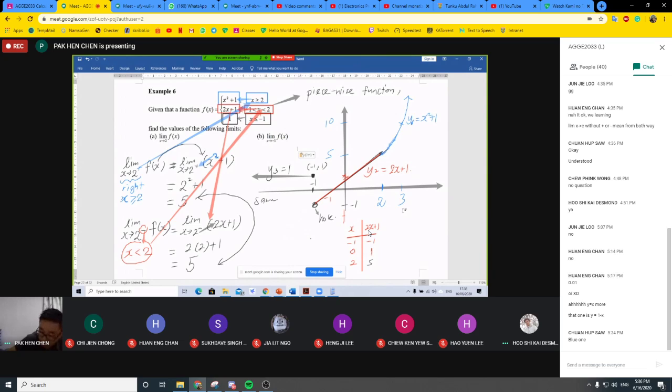I will conclude that since the left limit as x approaches 2 minus of f(x) equals the right side limit, we can conclude that as x approaches 2, the limit of f(x) does exist, and this value equals 5. Can you all follow?